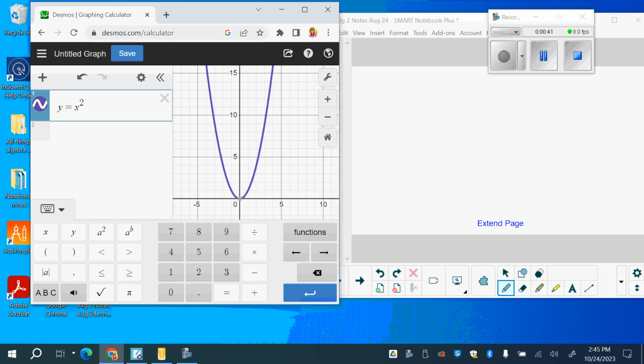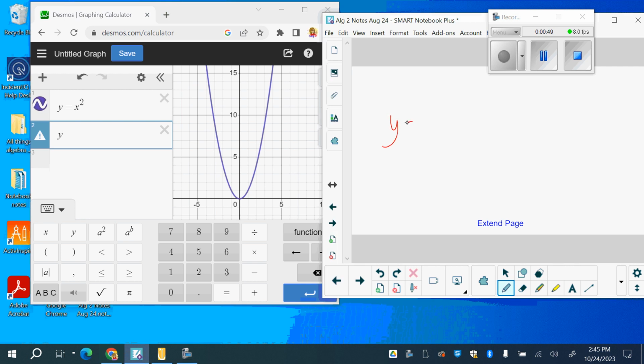Okay, so y equals x squared. And let's do y equals 3x squared. What do you think that would do to the graph?